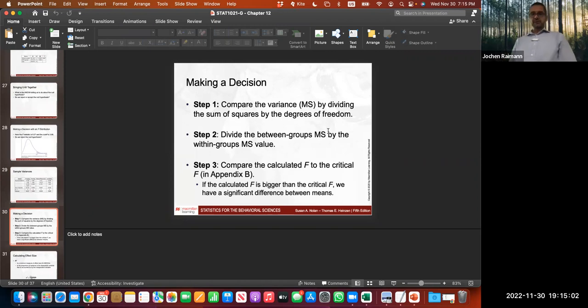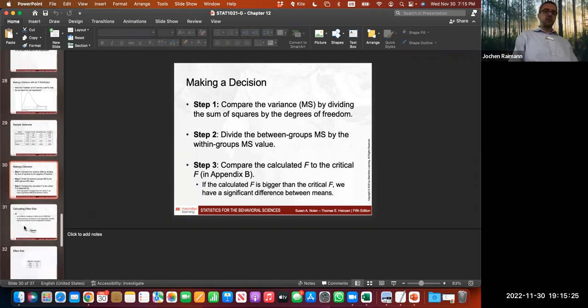So compare the variance by dividing the sum of squares by the degrees of freedom. Divide the between groups MS by the within groups MS and compare it to the critical value in your F-score table. If the calculated F is bigger than the critical F, we have a significant difference between means, at least one.